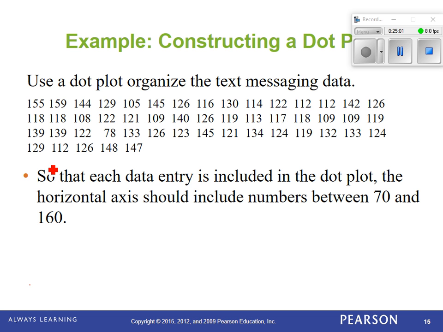So if we use those same numbers and we're going to make a dot plot for that, we're going to put from 78 to 159. We'll get rid of Sydney's, we're not putting that on there. 78 to 159, we put them all on a number line. And you might even leave off a lot of times, because if I go from 78 to 159, that's a whole lot of numbers.